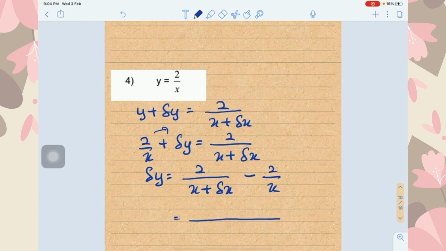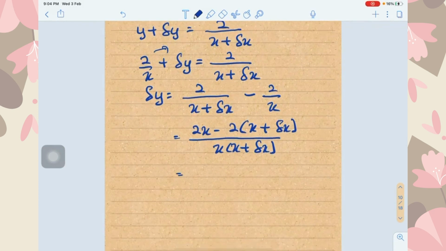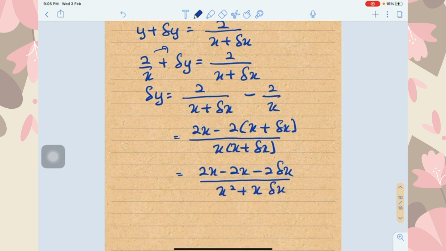So all this is over x(x plus delta x). So here we have 2x minus 2(x plus delta x). Simplify here, we get 2x minus 2x minus 2 delta x over x squared plus x delta x. We simplify, we get negative 2 delta x over x squared plus x delta x.